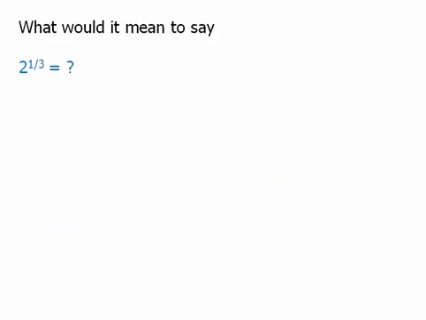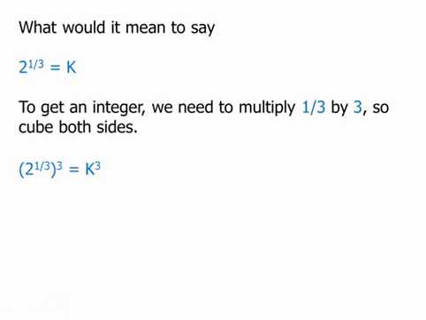Now, what would it mean to say 2 to the 1/3? Well, you might guess, but we'll follow this same process. Again, fill in a dummy variable, k. Now notice that if we multiply 1/3 times 3, we'll get a whole number. So we'll cube both sides. The right side just becomes k cubed.